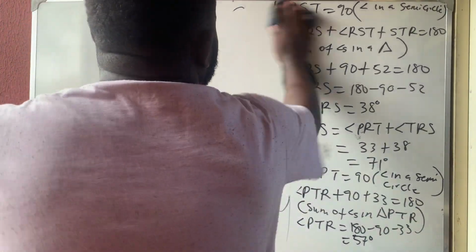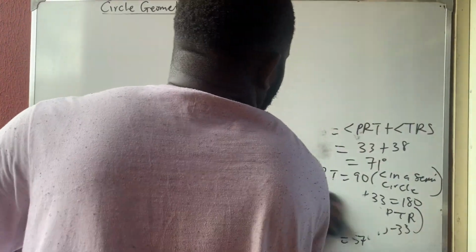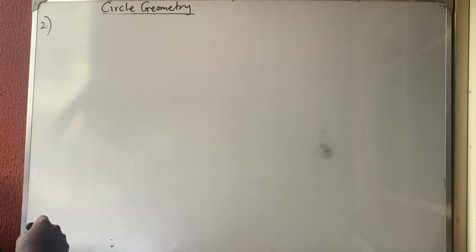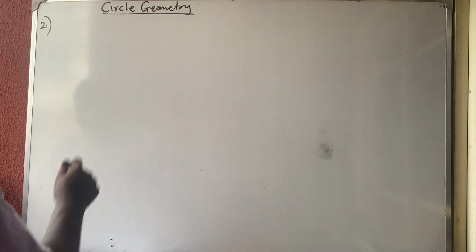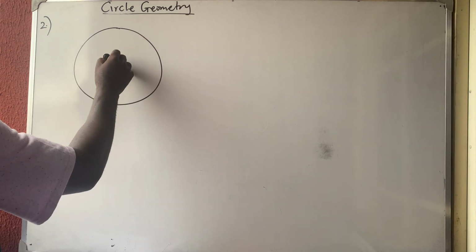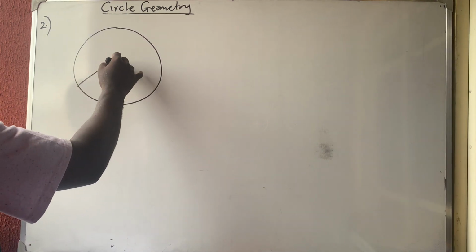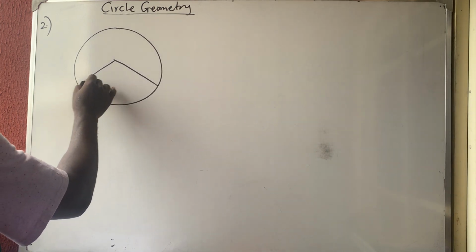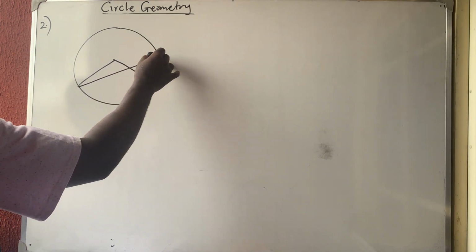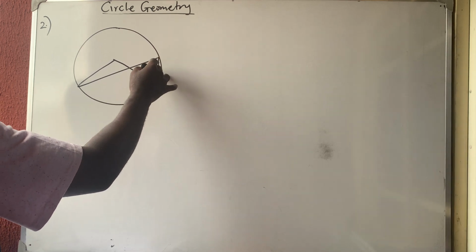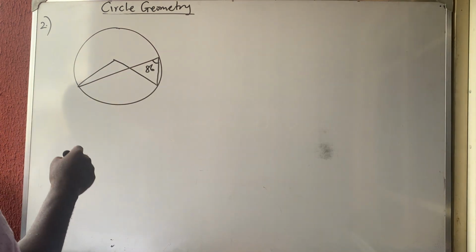You know, all these things are technical. You need to just calm down and reason how to get your result. Question number 2. They gave us a circle, and they said that this is the center of the circle, making 2 radii, and this one goes this way, this one comes here, and they said that here is 86.